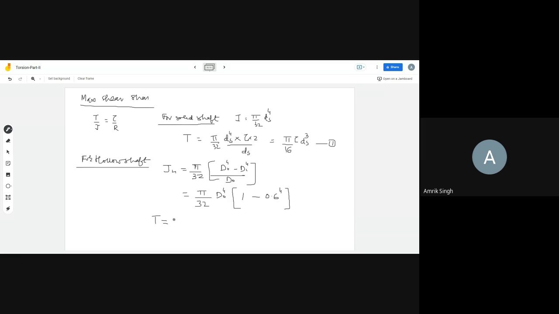pi by 16. If you solve this, it will give you some value. So it will be pi by 16, and you put in this equation pi by 16 into 0.870 DO cube into tau.